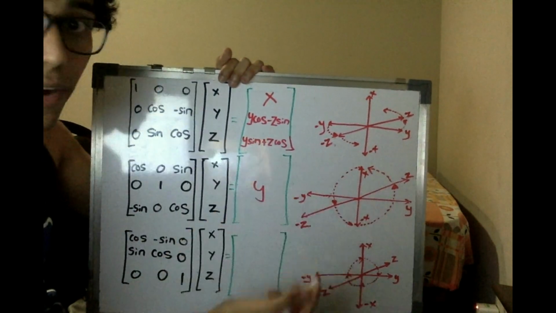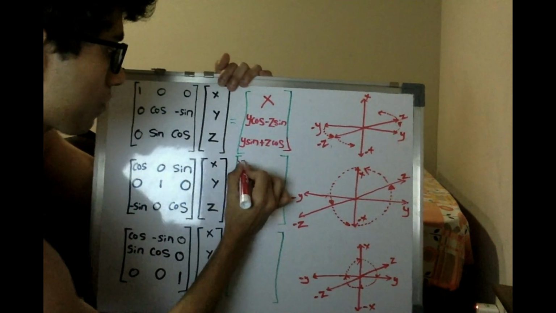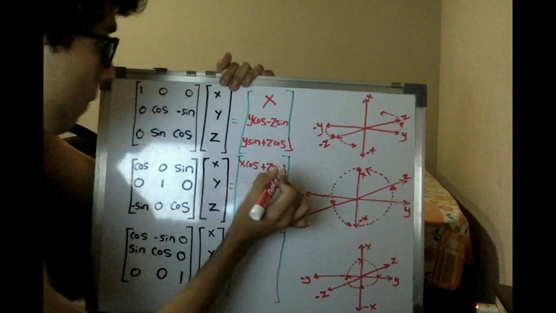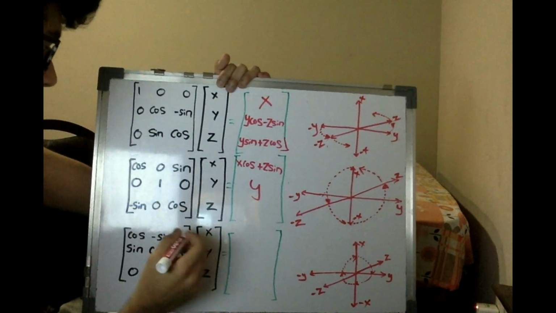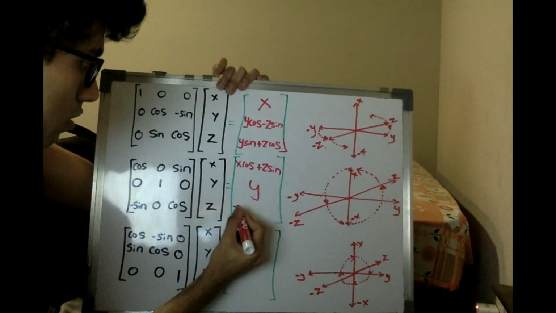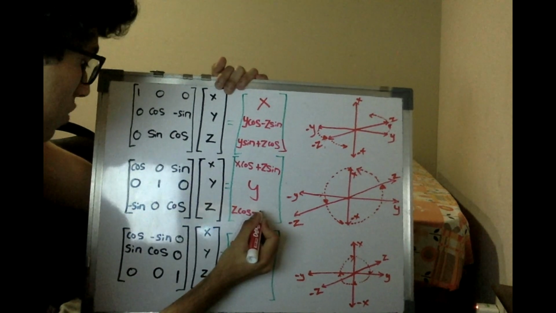Well, it all depends on your angle. So your x will be x cosine plus z sine, and your z component will be z cosine minus x sine.